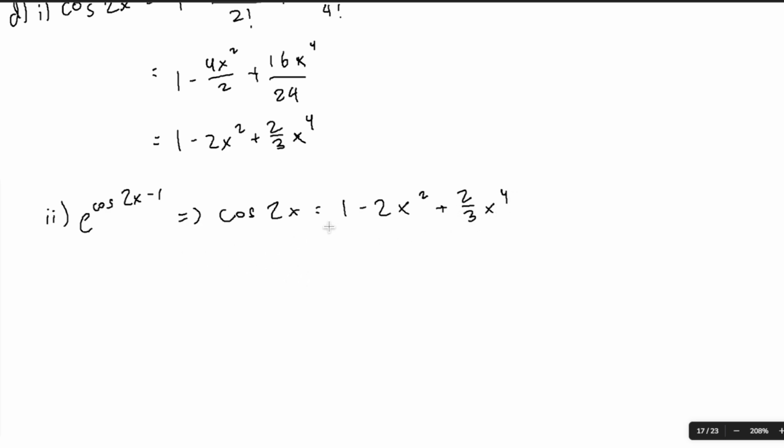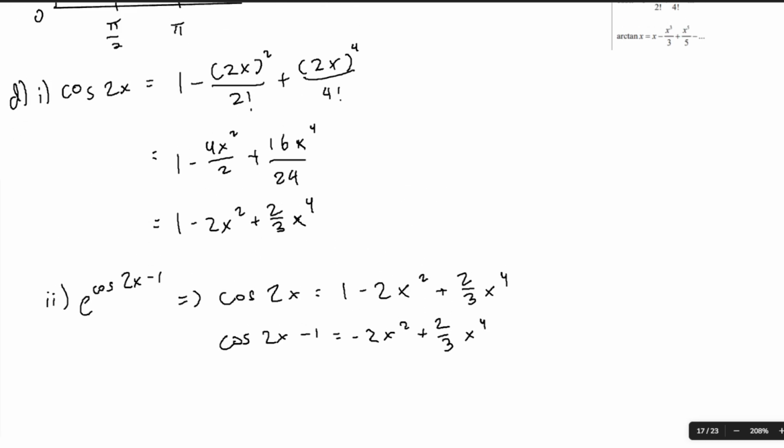So from this, to get this value right here, we can just move 1 to the other side. All right, so cos 2x minus 1 is equal to minus 2x squared plus 2 over 3 x power 4.